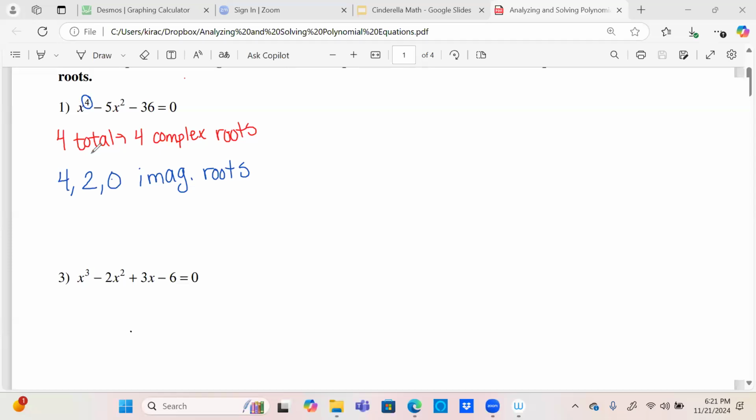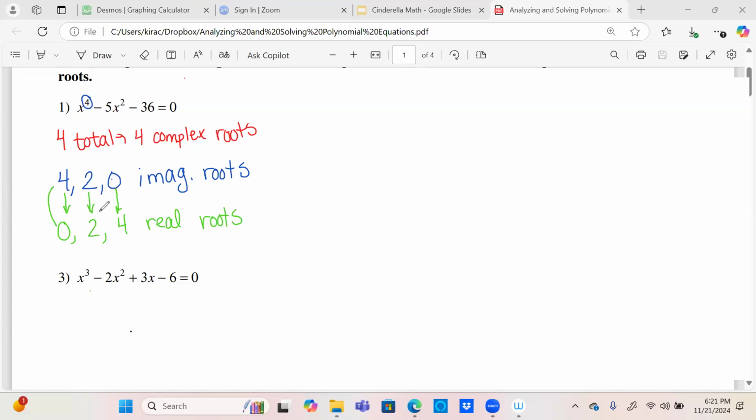If you have 4 imaginaries, you would have 0 reals. If you have 2 imaginaries, you would have 2 reals. And if you have 0 imaginary, you would have 4 real roots. So you kind of just take all the possibilities and reverse it.